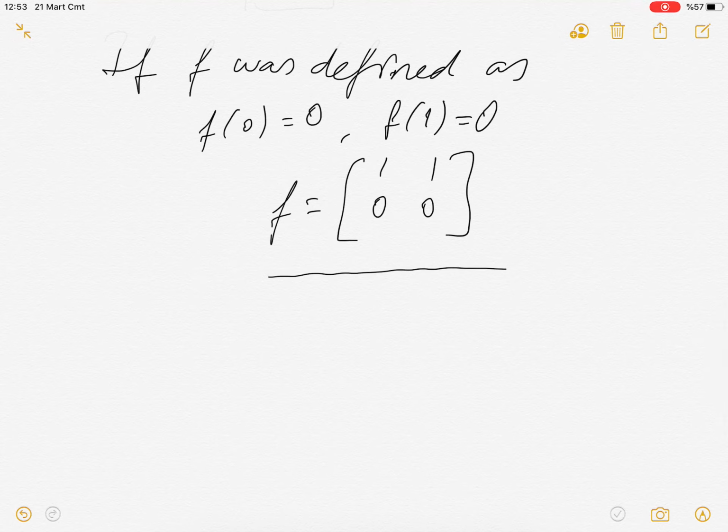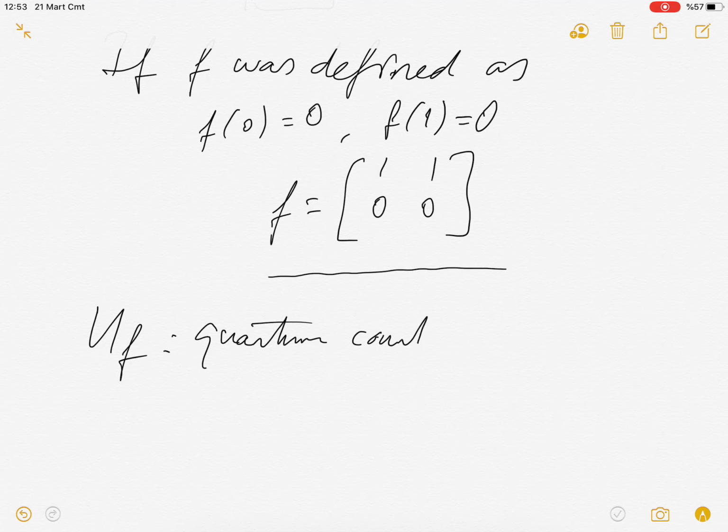Let's call the quantum counterpart of f U_f. So this is the quantum counterpart of the function f.